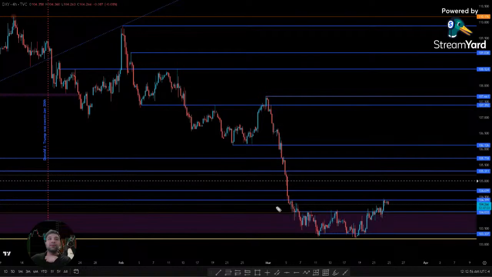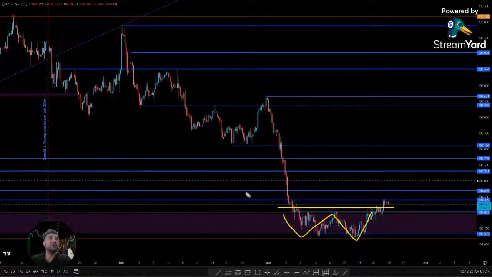Otherwise we don't know what would be happening, because as you can see right here, if the DXY is forming a double bottom around here, it's not compulsory that it's going to go to the upside. The technicals can give you the understanding, but you need to understand that the fundamentals are also supposed to align with the scenarios.